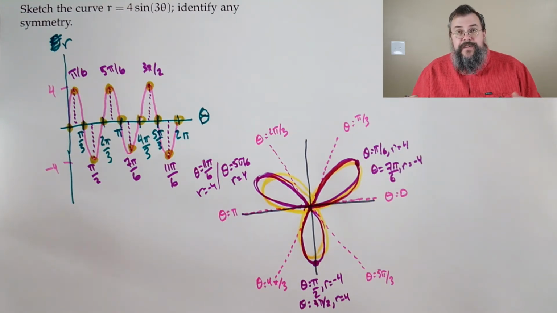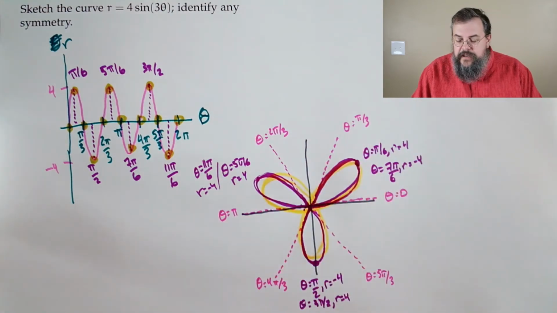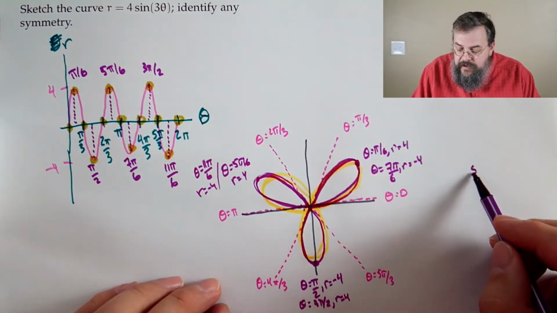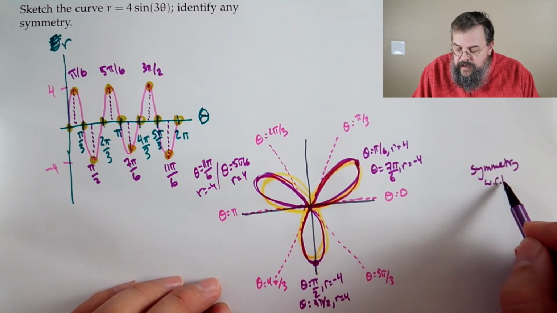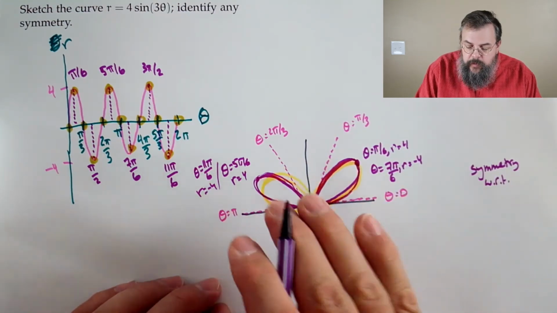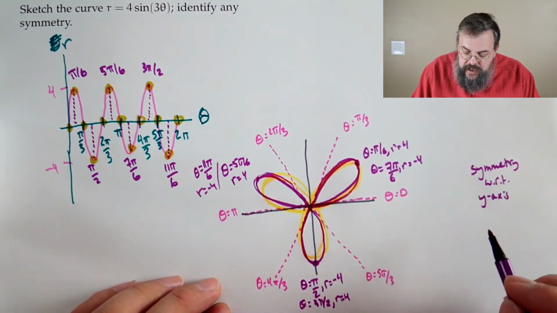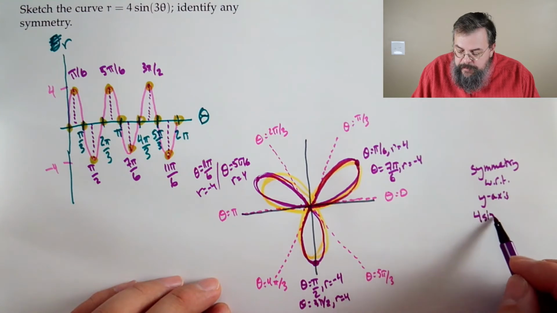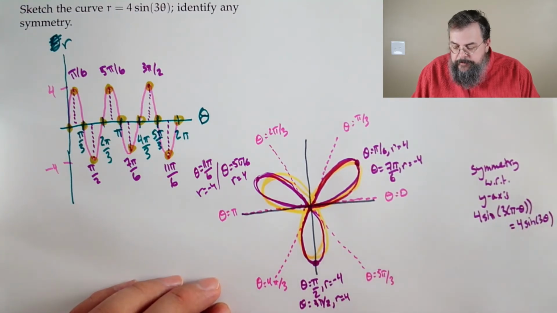Now, one symmetry we can see, and we can just sort of pick up, put it down, and so this has symmetry with respect to the y-axis here. And you can check it out, and we'll skip the intermediate steps, but that says 4 sine 3 pi minus theta is the same as 4 sine 3 theta.